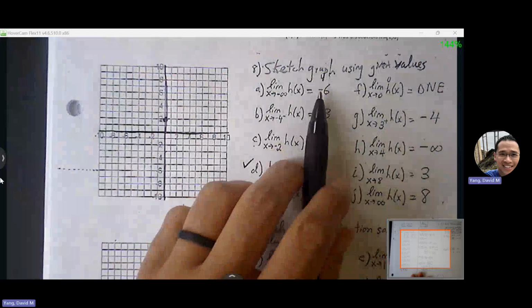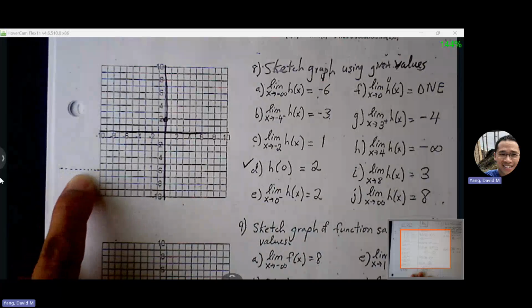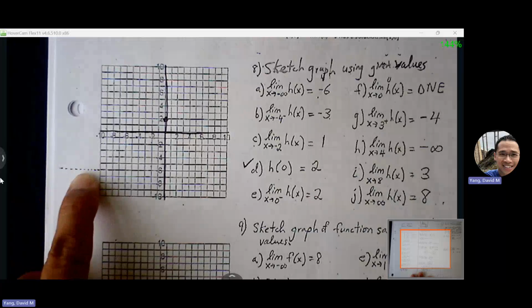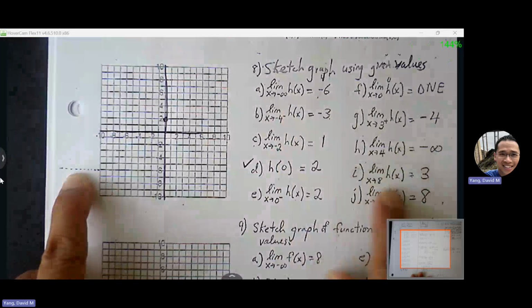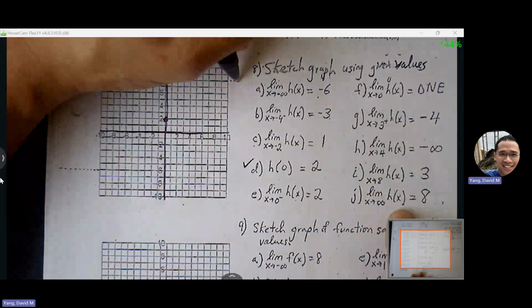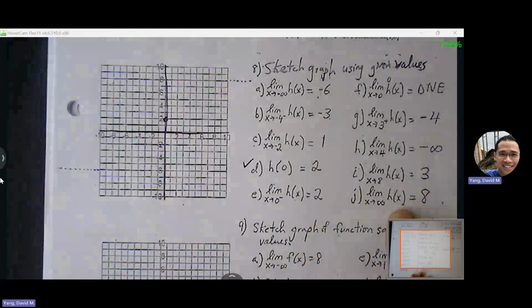If I know there's a horizontal asymptote, I just like to put a dotted line and not worry about stretching it all the way across. There's going to be different asymptotes on both sides. So I have one indicating how my graph is going to look on the left. And then on the right, I know my graph is going to eventually end up heading out, getting closer to that dotted line.